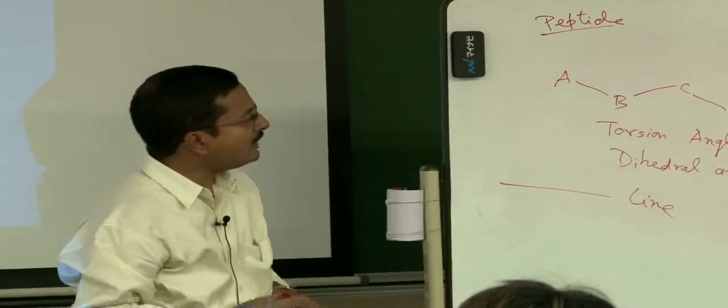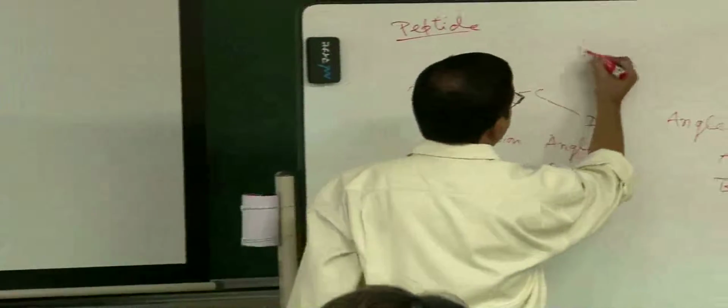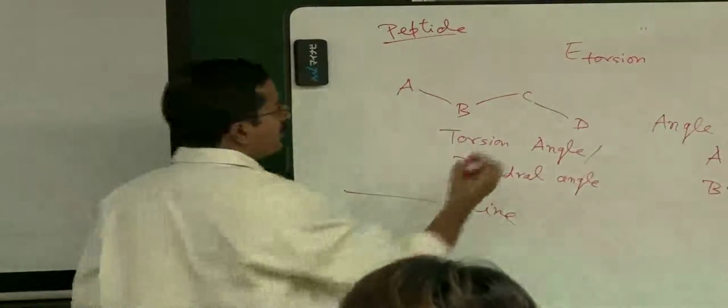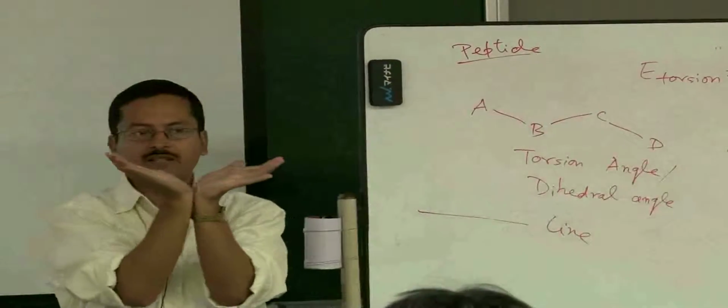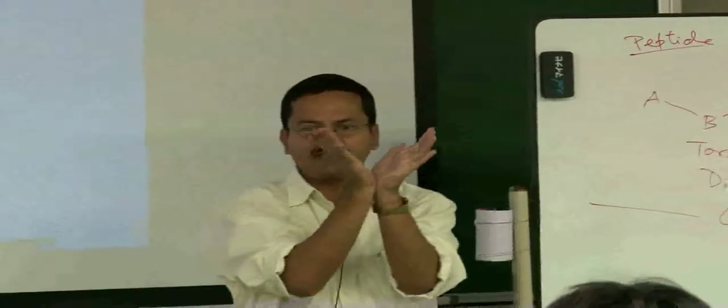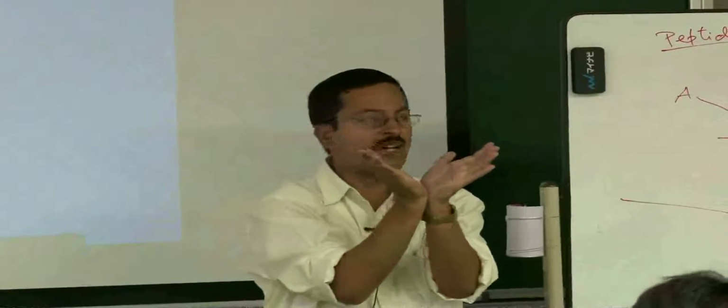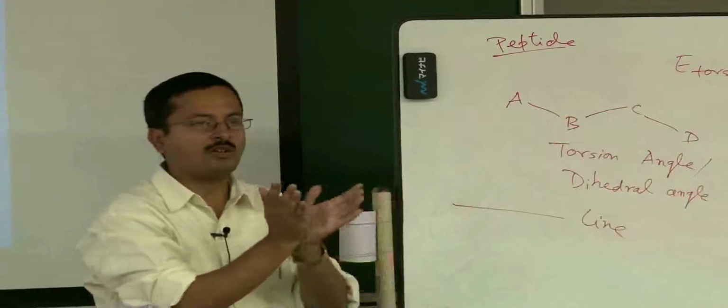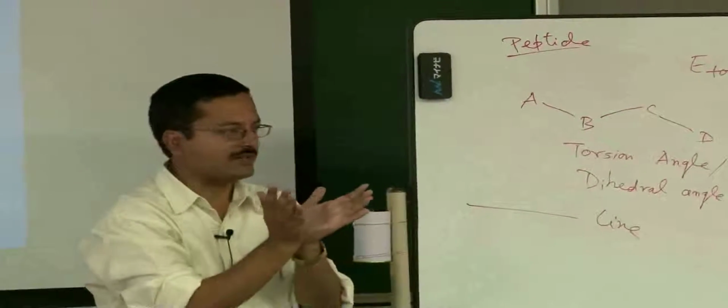And we need to calculate the energy of that also, E torsion. So, if your molecule changes, will the energy change? Energy will change, but how? Is it the same way as before, or do you have a new energy expression?